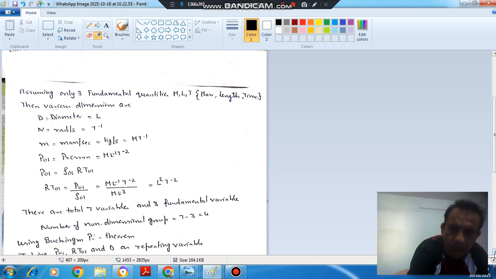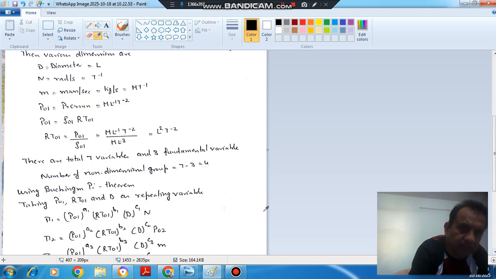Now we have seven variables and three fundamental quantities, mass, length and time. So using the Buckingham pi theorem, the number of pi terms will be 4.